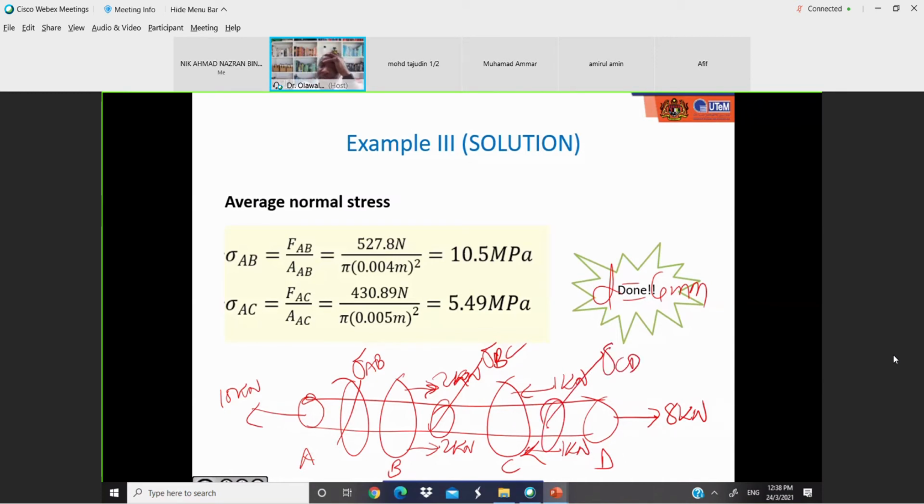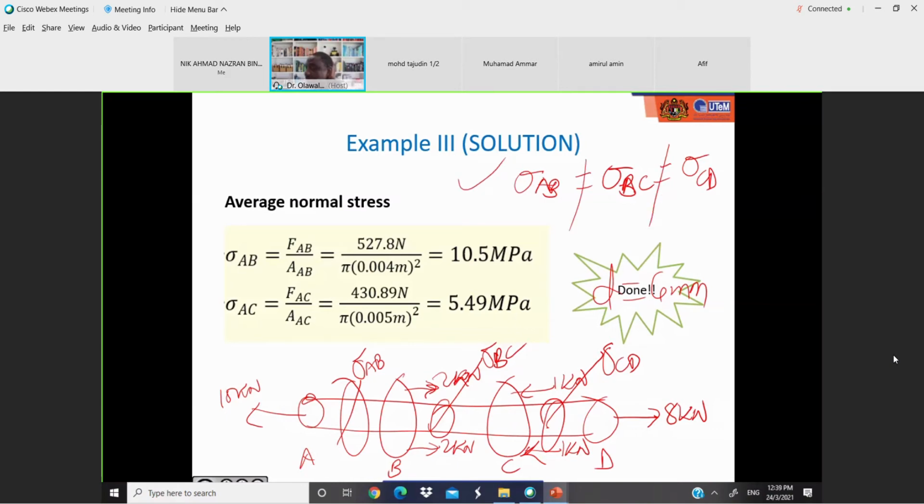Are they going to be the same? Is sigma AB going to be equal to sigma BC, and is it going to be equal to sigma CD? It's not equal, so this is correct.